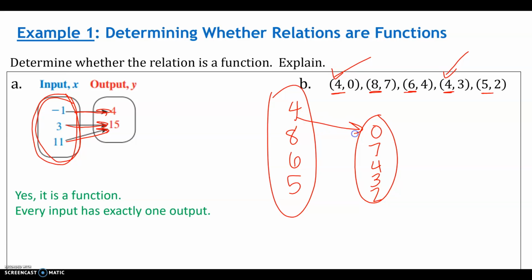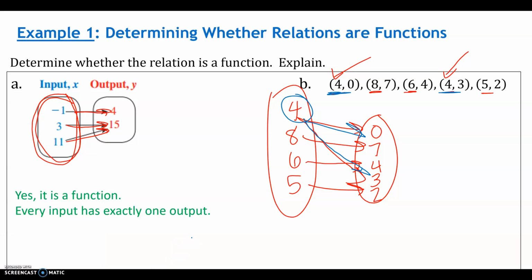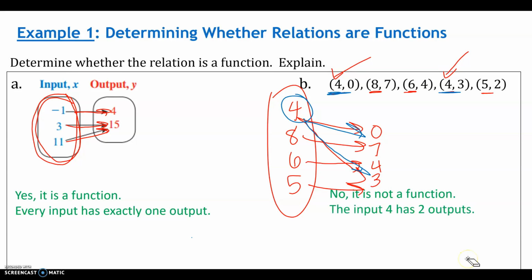So 4 would go to 0, 8 would go to 7, 6 would go to 4, 4 would go to 3, and 5 would go to 2. Now notice, this 4 cannot have 2 birthdays. So this 4 and this 4 are what violates the problem. So no, it is not a function, and the reason is the input 4 has two outputs, which was that 0 and that 3.